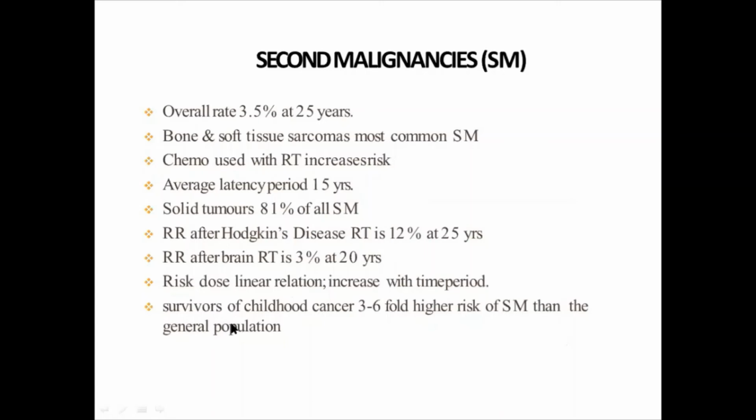Relative risk after Hodgkin's disease radiation is 12% at 25 years, and the relative risk after brain radiotherapy is 3% at 20 years. Risk has a dose-linear relation and increases with time. Survivors of childhood cancer have a 3 to 6 fold higher risk of secondary malignancies than the general population.